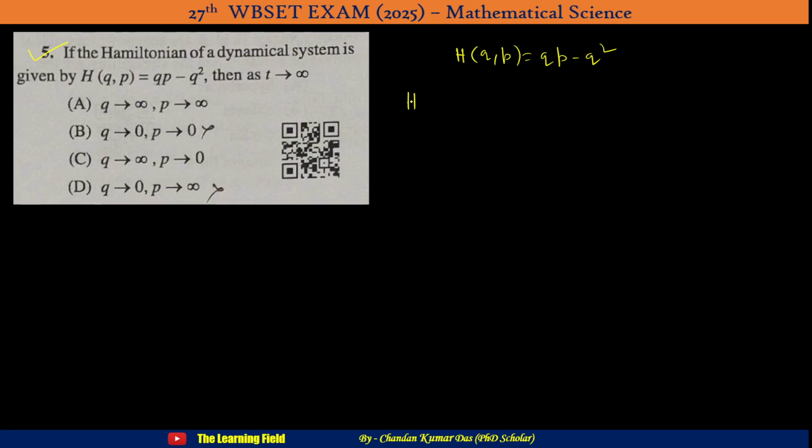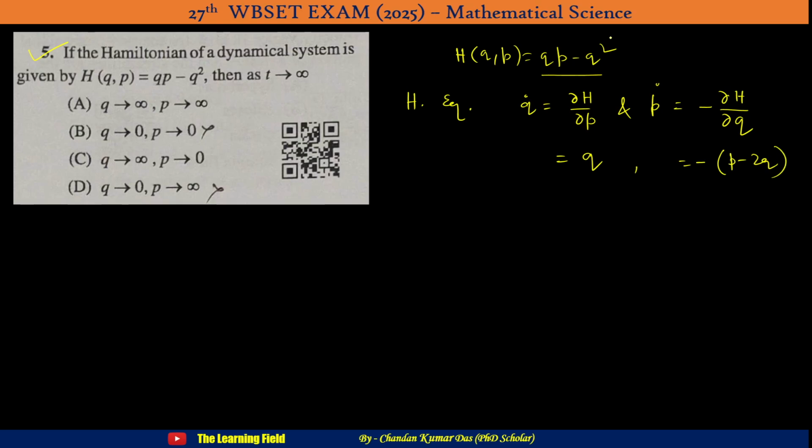Hamilton's equations are q dot = ∂H/∂p and p dot = -∂H/∂q. Here ∂H/∂p is simply q, and ∂H/∂q is p - 2q, a simple derivative of this function.